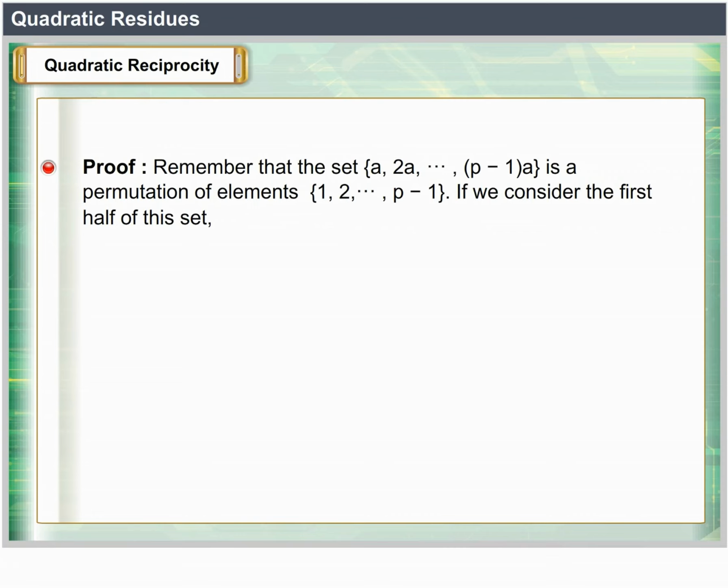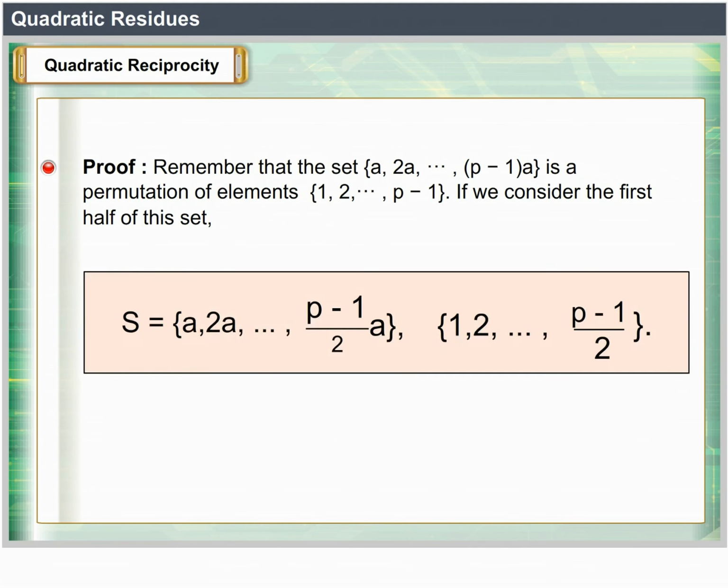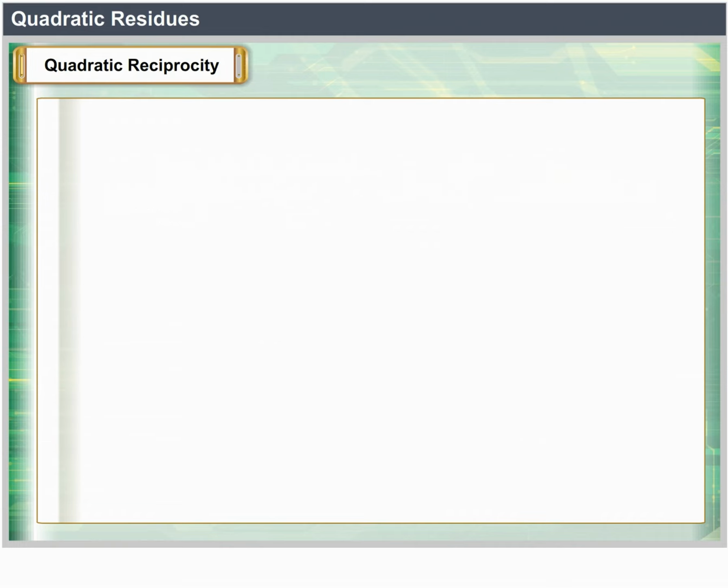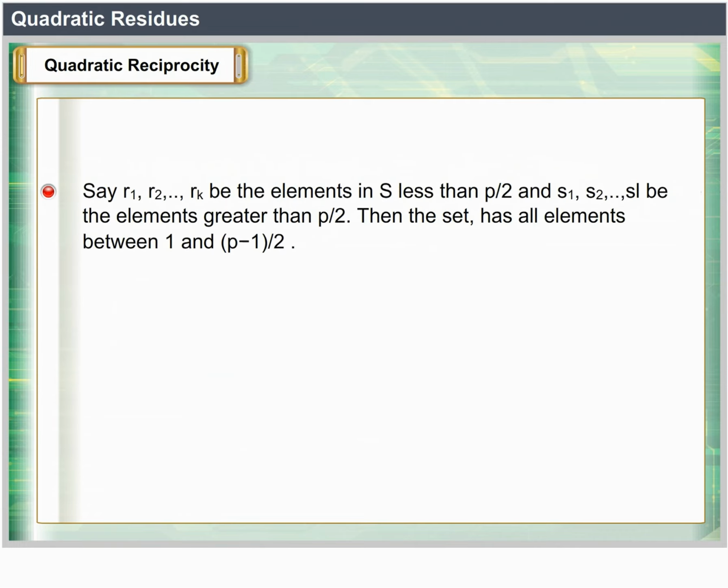If we consider the first half of this set, S, which is shown here, this is almost a permutation of elements. Say R1 up to Rk be the elements in S less than p/2 and S1 up to Sl be the elements greater than p/2.